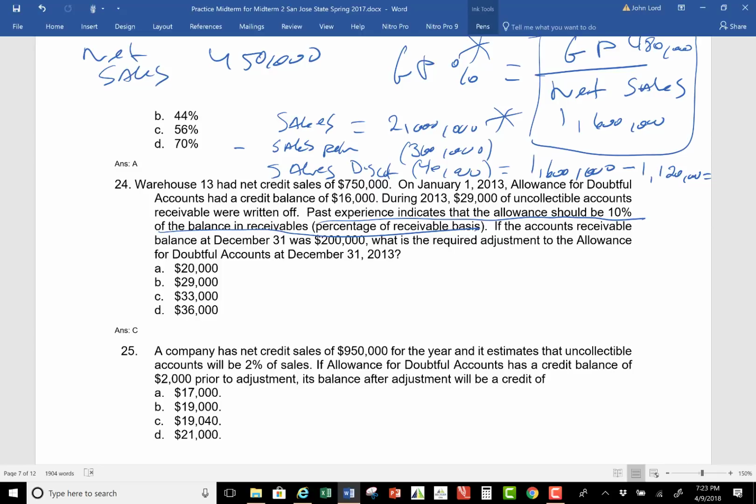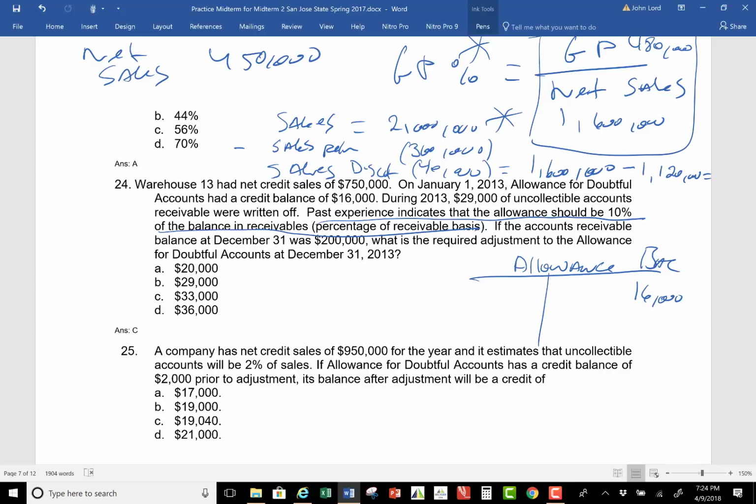Okay, now let's just go through this thing. We've got a credit balance in the allowance of 16,000, right? And then during 2013, 29,000 of accounts receivable were written off.